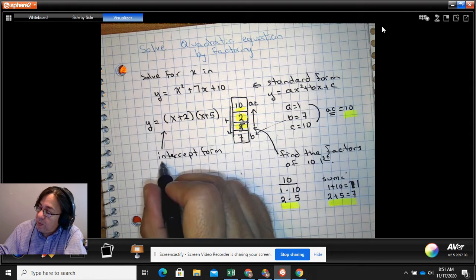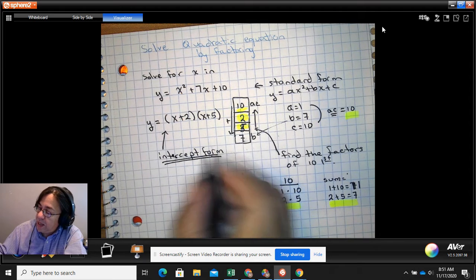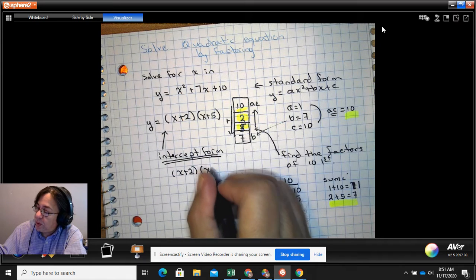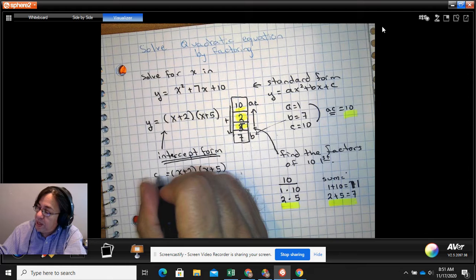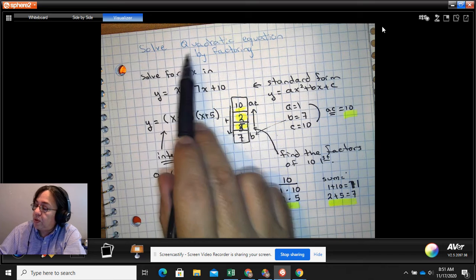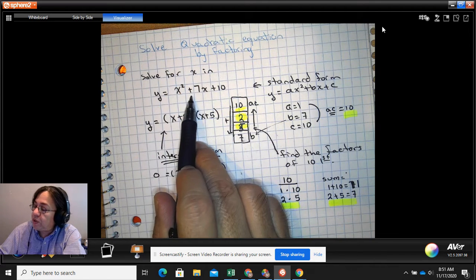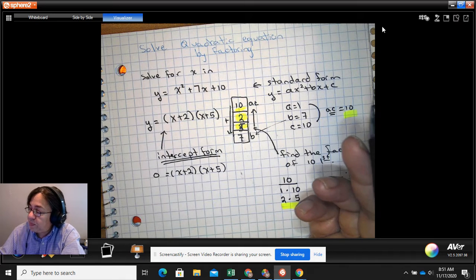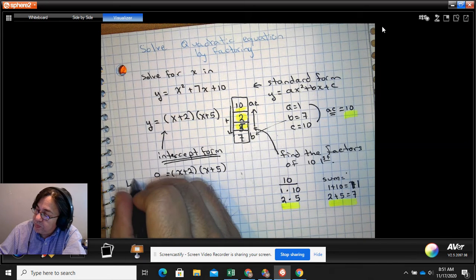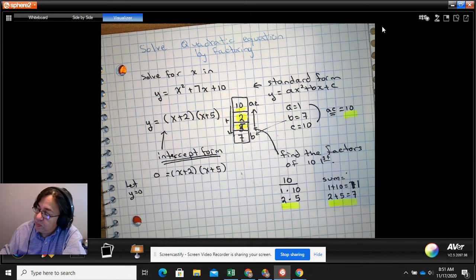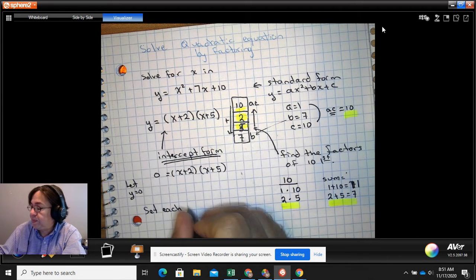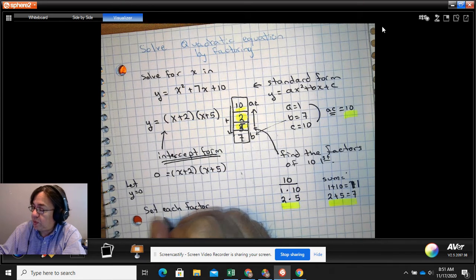Now, the intercept form has an advantage. I can let each one of the factors equal to 0 because the x-intercept, the solution to this quadratic equation, is also your x-intercept. So I'm going to let y equal to 0 and then set each factor equal to 0.